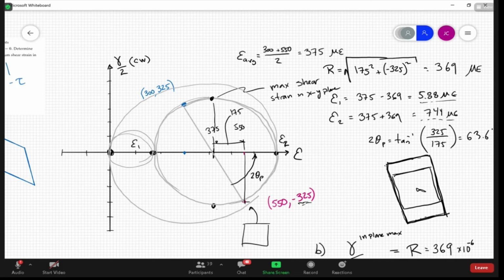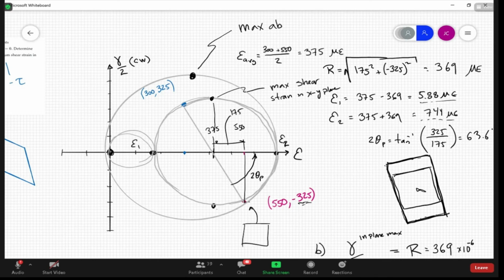From this, we can clearly see up here, this is the max absolute. Okay, that's the max absolute shear strain. And that's the radius of this circle.